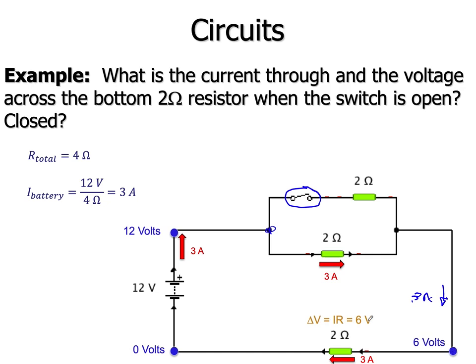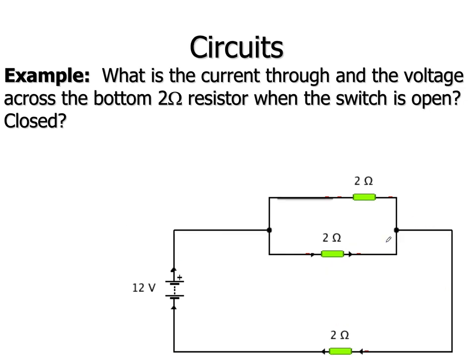And if you work it out real quick, there'd be 6 volts here. The voltage drop across this resistor, because I go from 12 volts to 6 volts, has to be 6 volts. Oh yeah, that makes sense because sure enough, current times resistance is equal to 6 volts. It all makes sense.